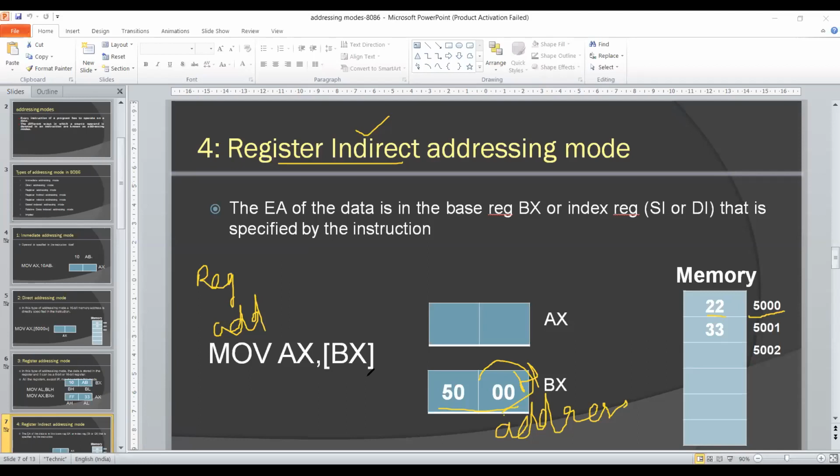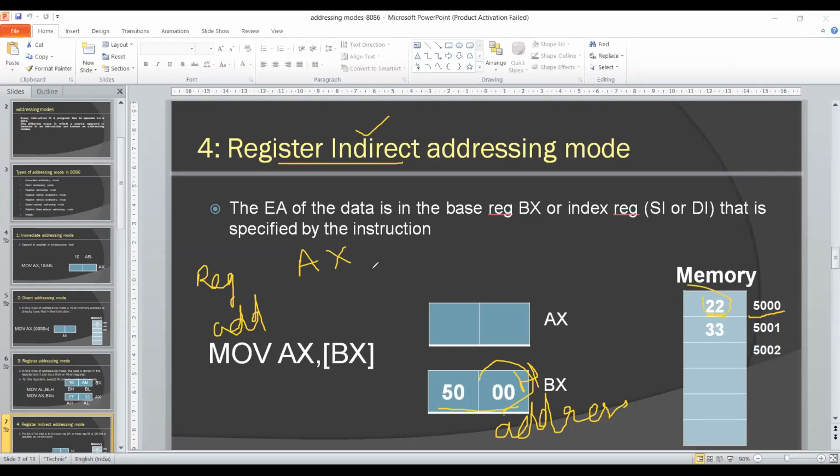So now what will be transferred in AX? What will be the value of AX? 22. AX is a 16-bit register and 22 is an 8-bit value. By default, this value will go to the lower register AL.